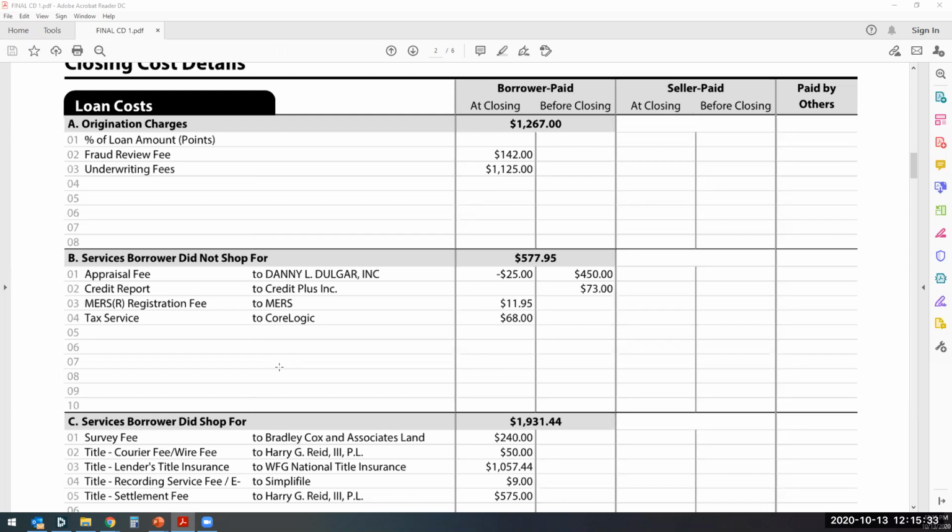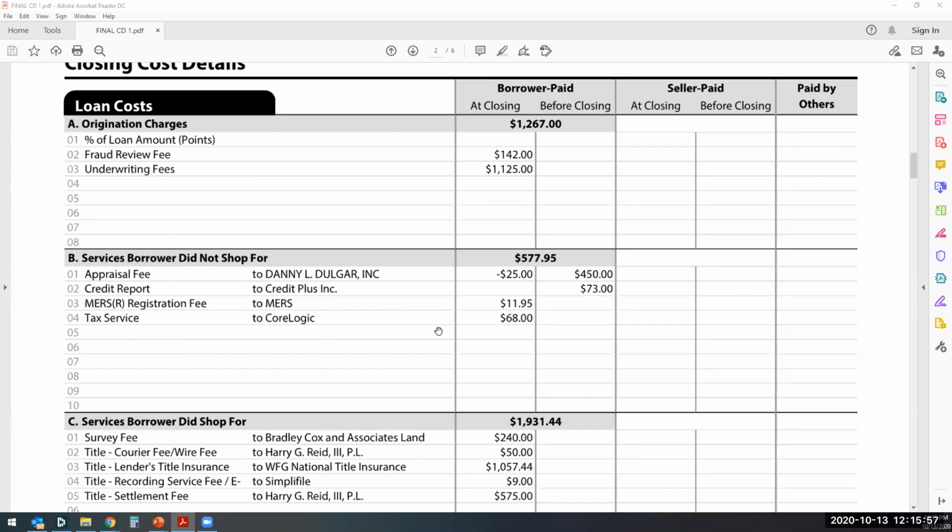We're actually putting it under paid before closing. Probably the reason why you see a little minus $25 is that maybe the client overpaid a little bit on the appraisal. Maybe we thought that the appraisal was going to be a little bit more expensive and it wasn't, so we're giving them a refund at closing for $25.